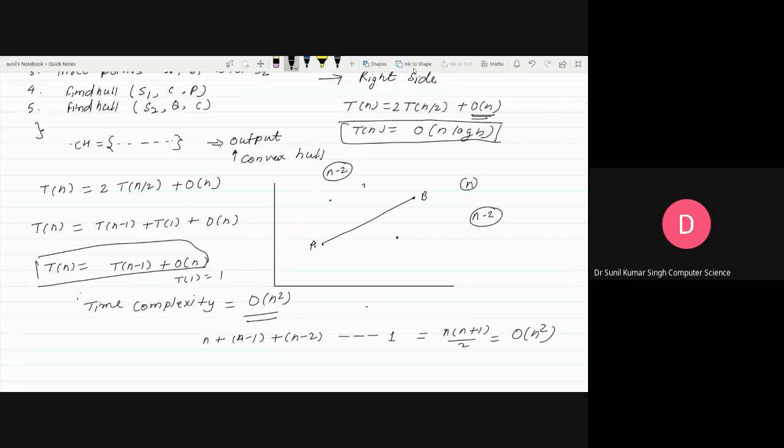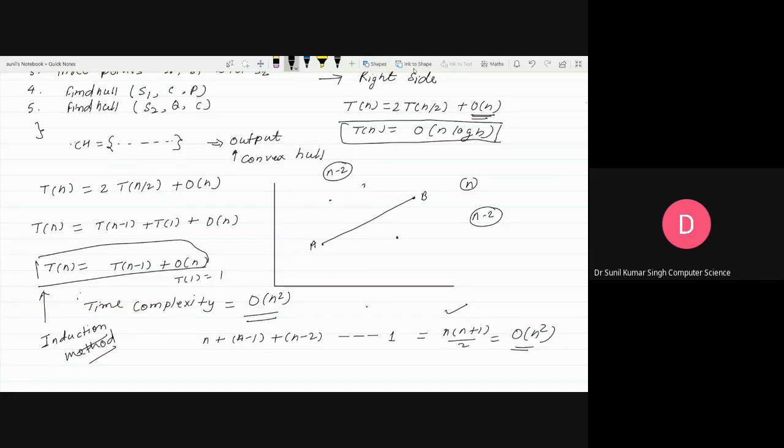You can apply the induction method, and you will find that its summation will be something like this. Then if you generalize the time complexity in terms of the higher order term, it will be order of n square. So here apply the induction method. Those who are saying order of n, they have to think about the induction method.